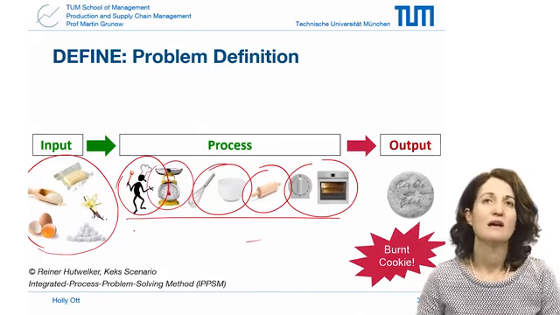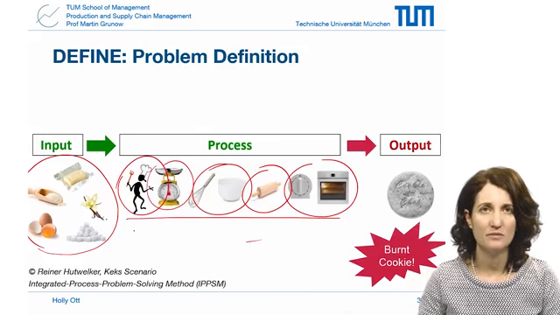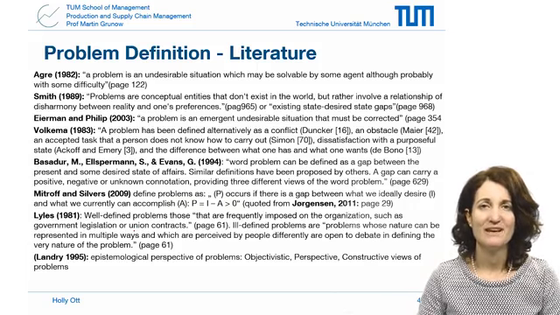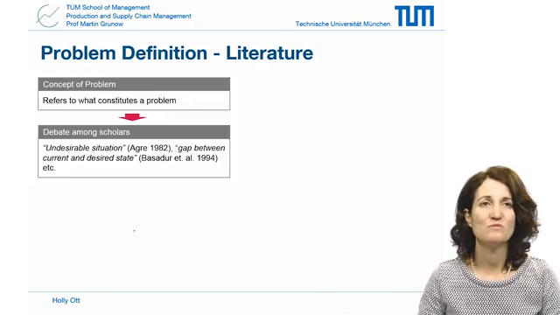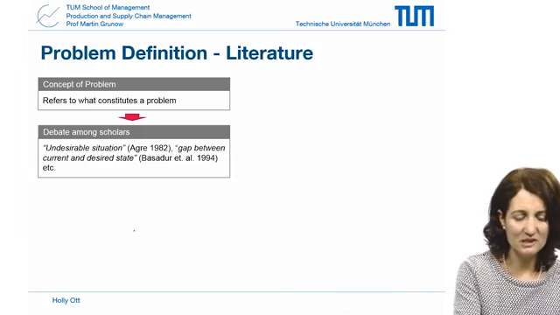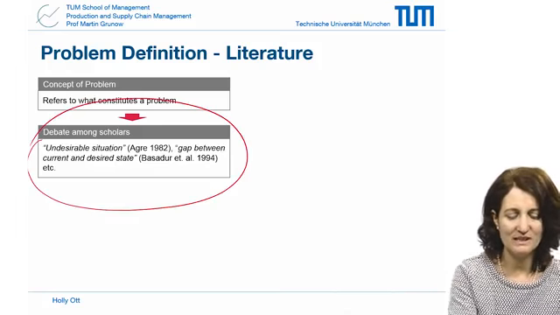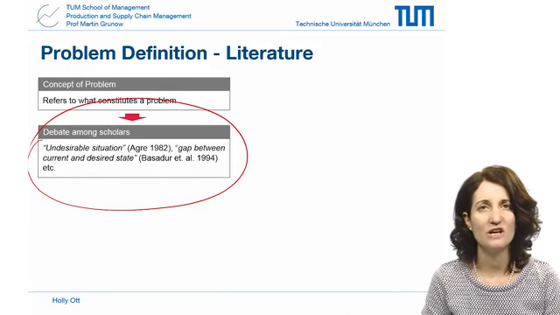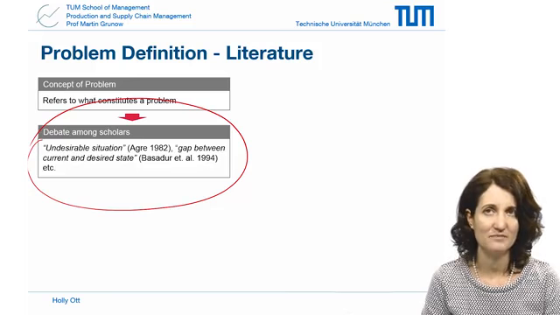Now, how do we define a problem? There's a lot of this in literature, discussed extensively over the years. And people are looking at what is a problem. And so the debate kind of moves towards it's an undesirable situation. It's a gap between a current state and a desired state.